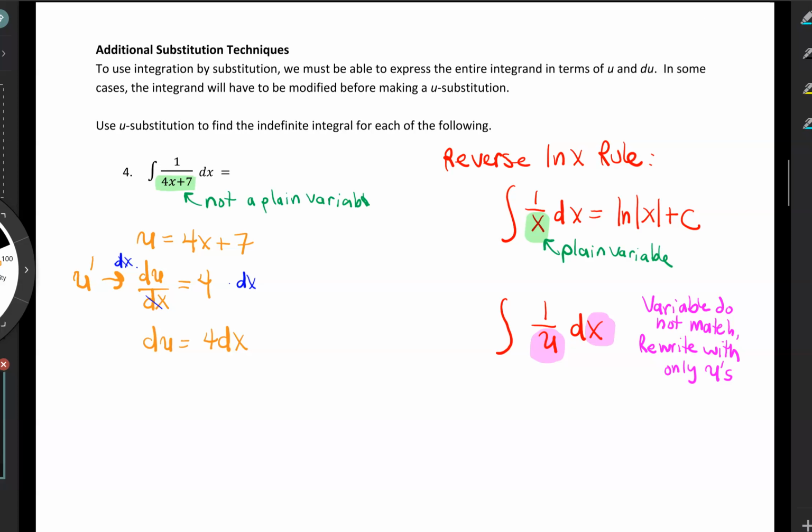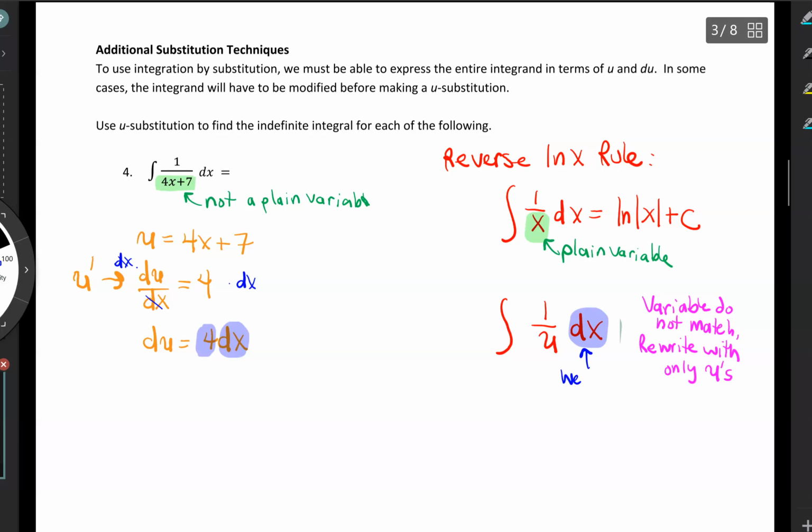Now here's the problem. To get the du that I want, I need a 4, which I don't have, and a dx, which I do have. So we're missing a piece, and we're going to be in the mindset we use what we have. So when I look up here, I have the dx. I don't have the 4, so we're just going to isolate the part that we have.